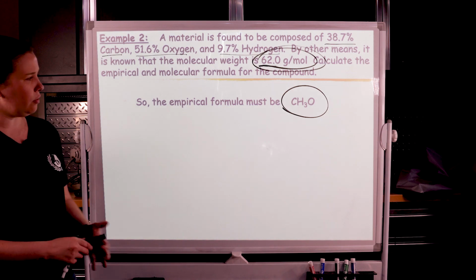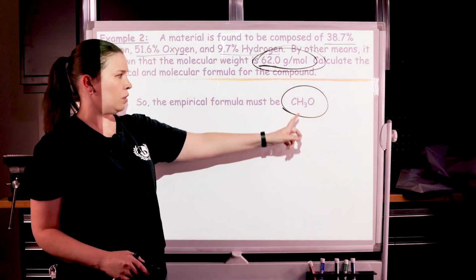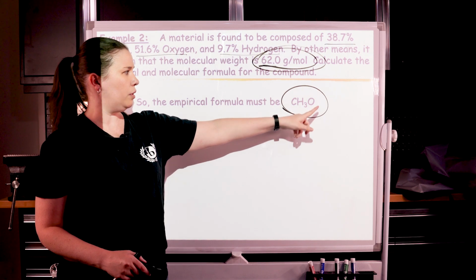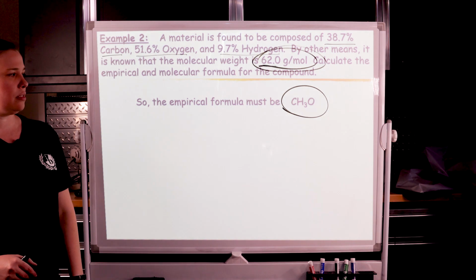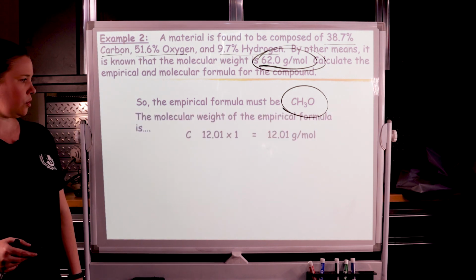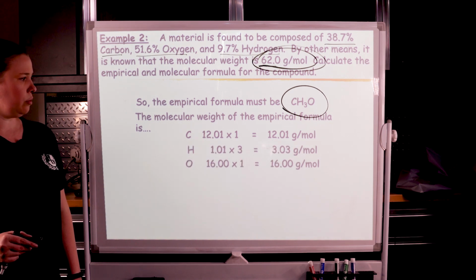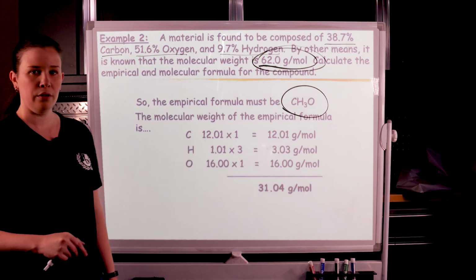So let's go ahead and calculate this. What is the molar mass of CH3O? 12.01, 1.01 3 times, and 16. What do we get for the empirical formula's molar mass? If we add that all up, we should get a molar mass of about 31.04.